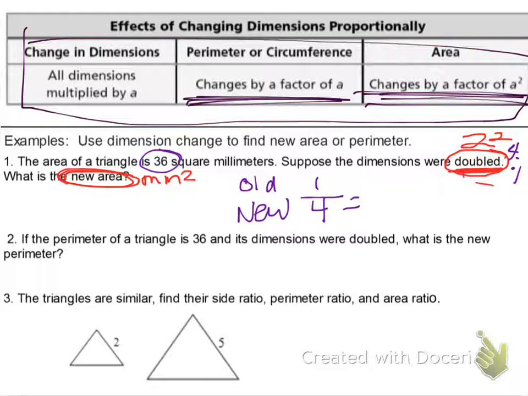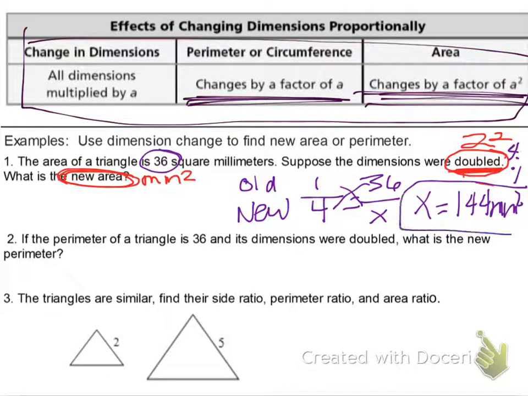The old triangle is 36, and I need to figure out the new triangle. If you cross multiply here, you get x as 144, and that would be millimeters squared. Could I have done that without setting up a proportion? Yes, but sometimes it just makes sense too.